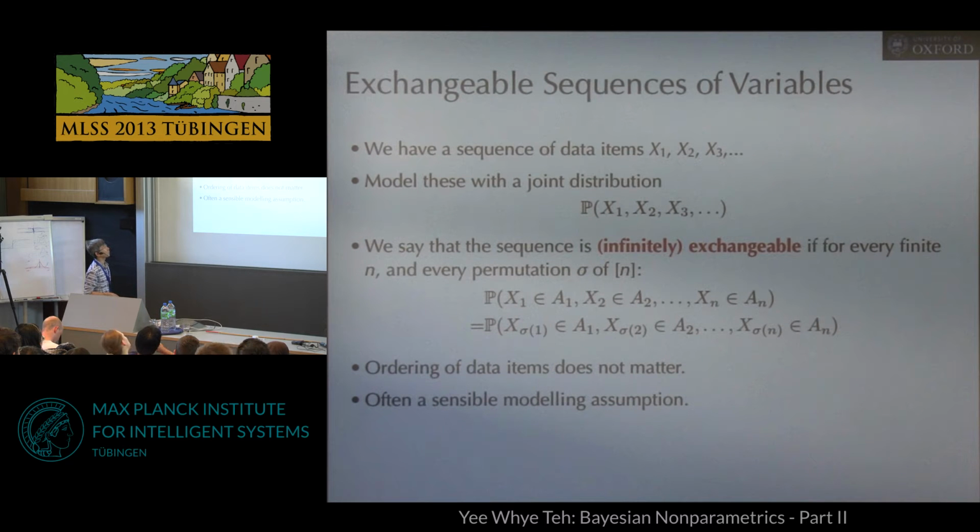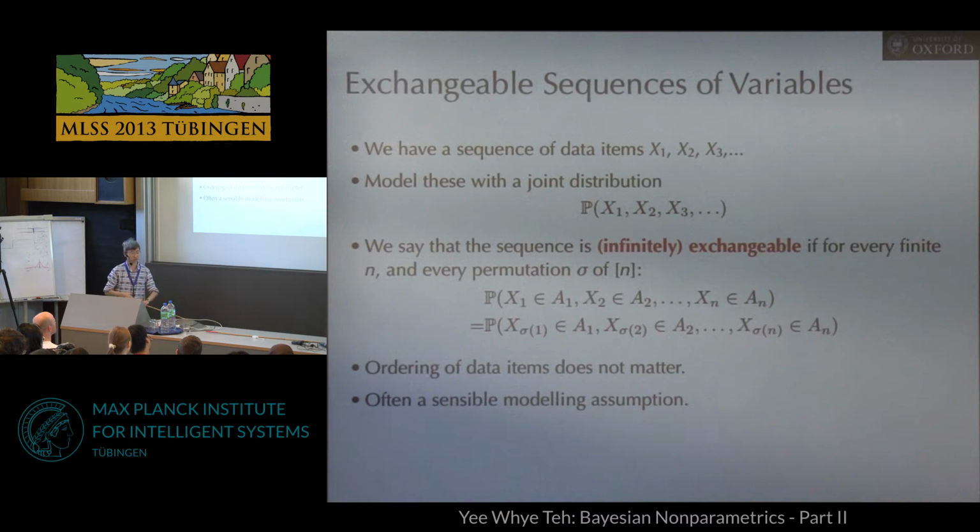Typically, when people talk about exchangeability, it's in terms of exchangeability of a sequence of variables. Let's imagine that we have a sequence of data items x1, x2, x3, and so forth, and we'd like to model this sequence of random variables using a joint distribution over the sequence. We say that the sequence is infinitely exchangeable if the joint distribution doesn't depend on the ordering of the data.